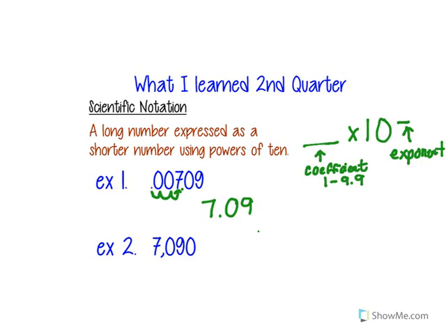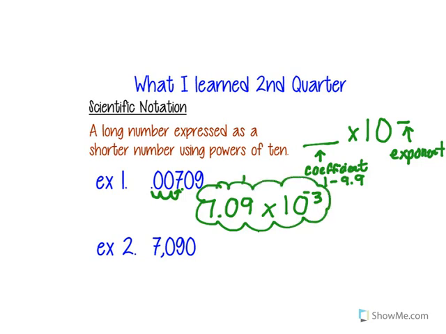That's the only place I can move the decimal where it would be between 1 and 9.9. So I'm going to write times 10, and then put as an exponent how many places I moved. I moved the decimal place 3 times, so I'm going to put 3 as an exponent, and it's going to be negative because this represents a small number. This is just a shortcut way to write a longer number.